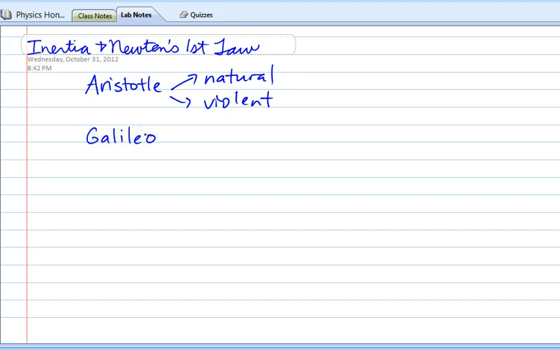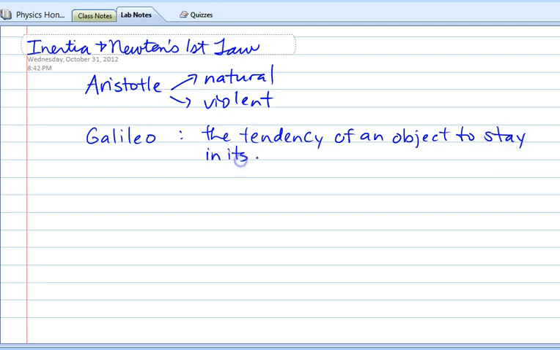Well, many centuries later, Galileo came along and he said that the tendency of an object to stay in its initial state of motion, well, that's basically what he called inertia.